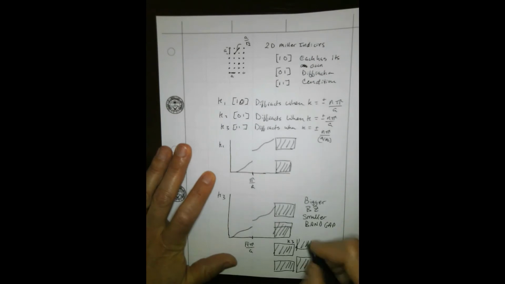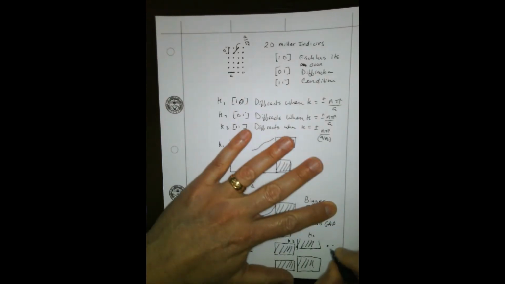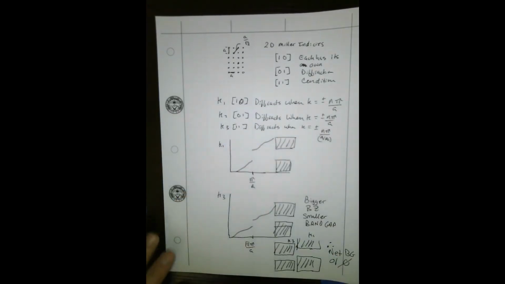So this is the K3, this is the K1. K1 directions basically overlap. So the electron's going to go through, it's going to hit this band gap, but the electron's going to inevitably change direction because it'll hit a phonon or something, bounce around and go somewhere else. It's going to come to another place where this band gap is overlapped with this band gap, so it has no net band gaps. Our net band gap of 0. Hopefully you can read my poor writing.